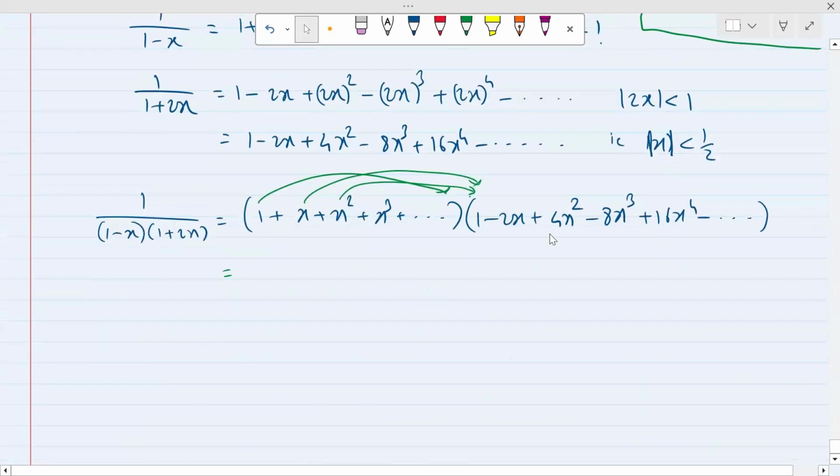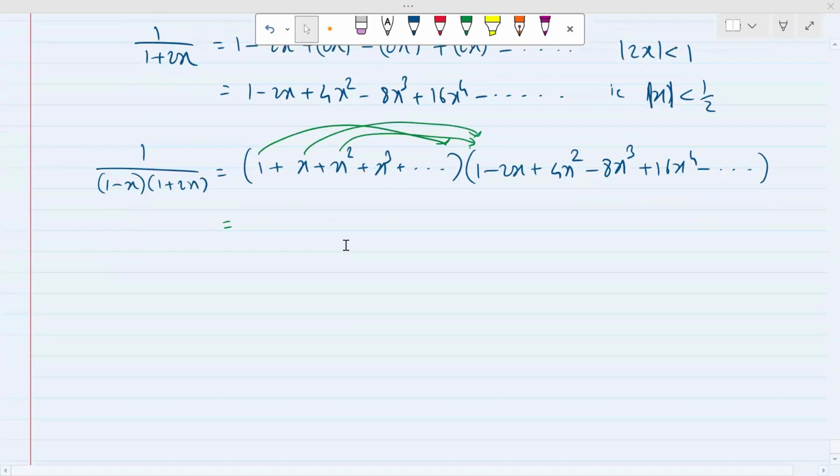But is it not possible to multiply these two infinite series? Yes, I think, sir, I am clear about this concept. There is a product called the Cauchy product of two series.